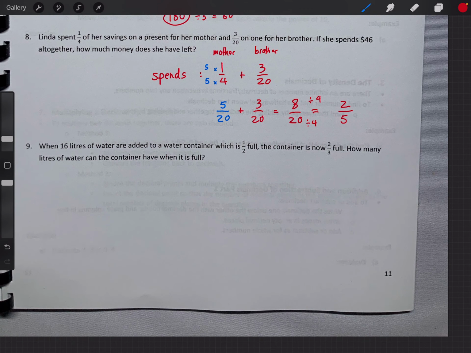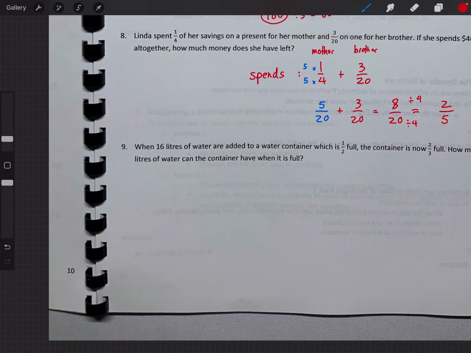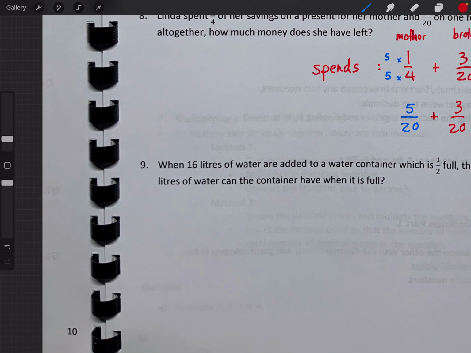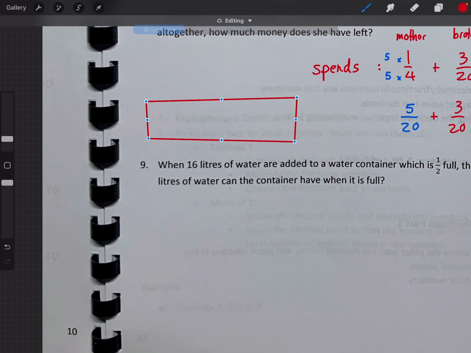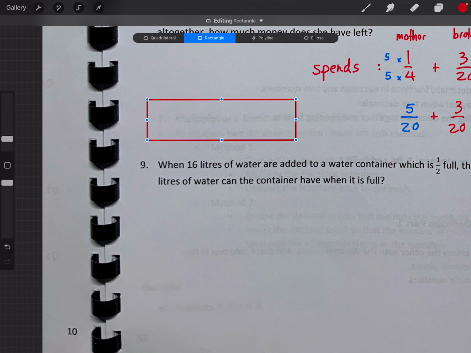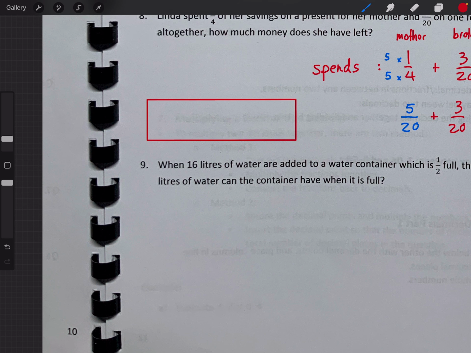And she spent $46. So let's imagine what this looks like. Again, I'm going to draw the box. Give me a rectangle. Yes, there we go. So she spent 2/5. Let's see if I can divide this into 5 pieces. Okay, so maybe here.